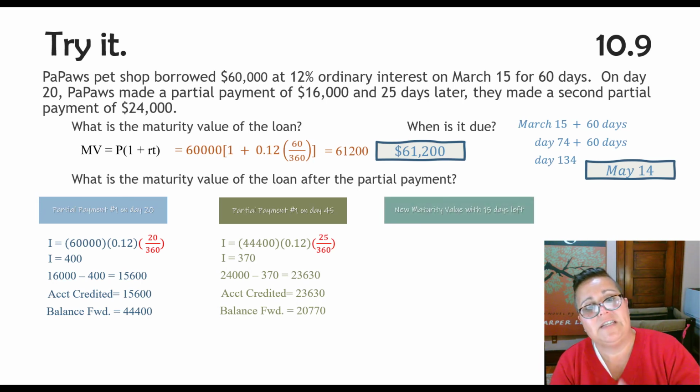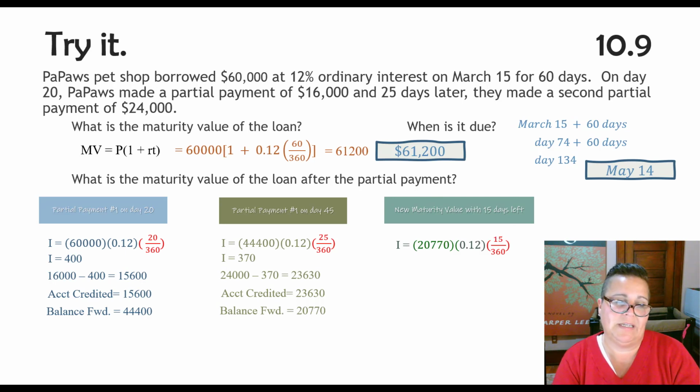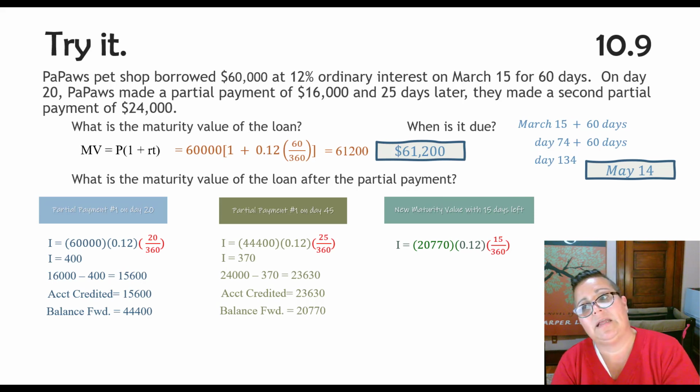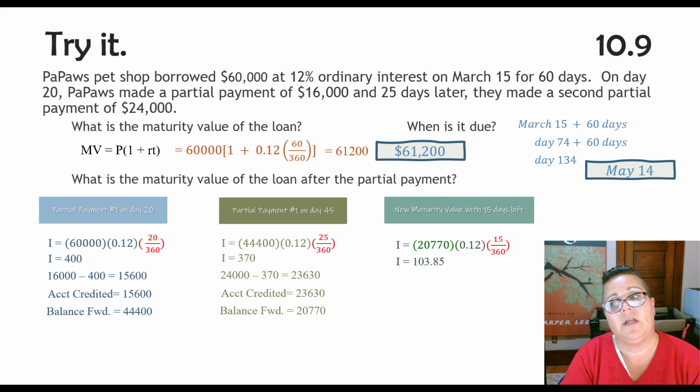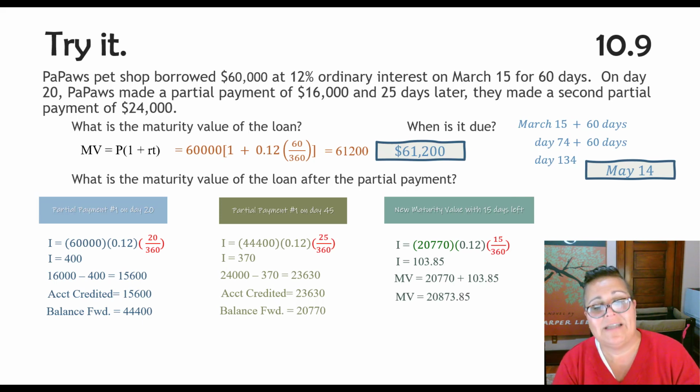Since there are 15 days left in the loan, we want our interest to be the $20,770 at 12% for the remaining 15 days. This is $103.85. That amount will be added into our final payment, giving us a total maturity value of $20,873.85.